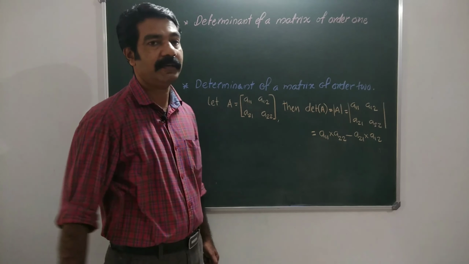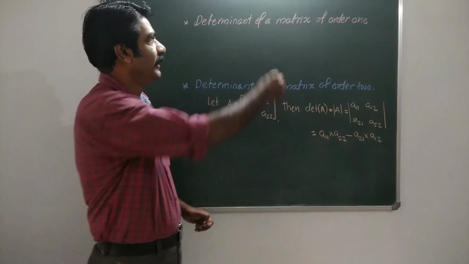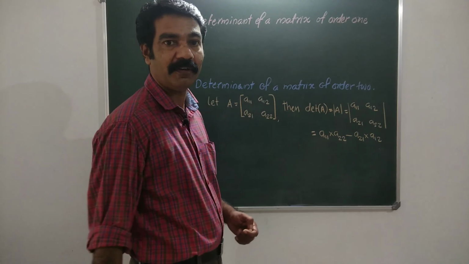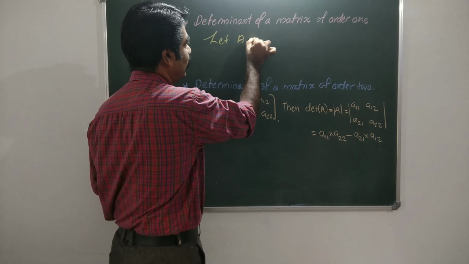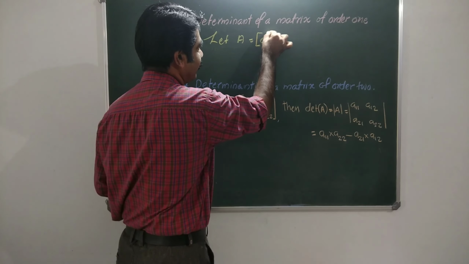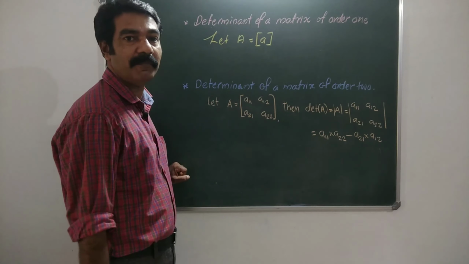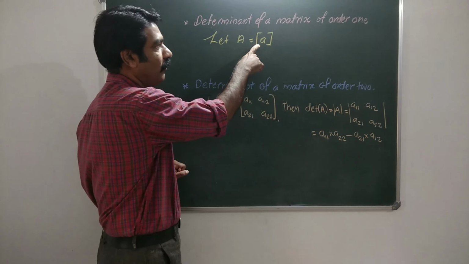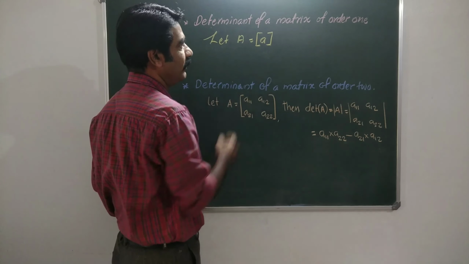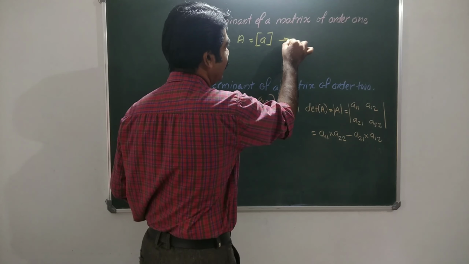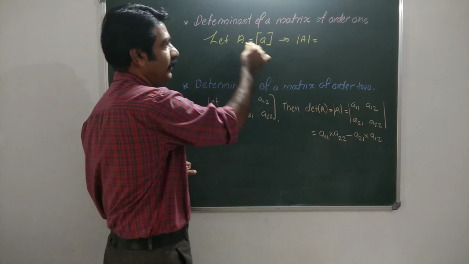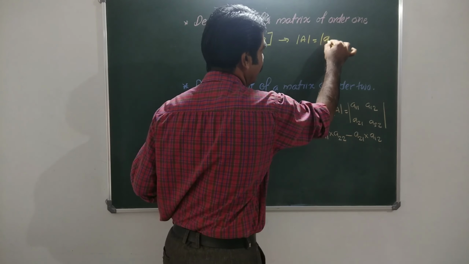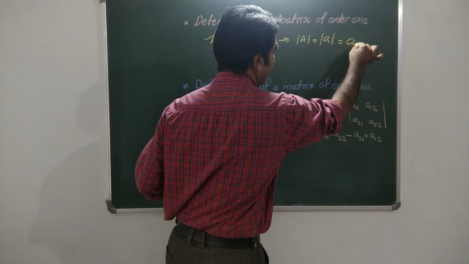Now, determinant of a matrix of order 1. See, let A be equal to matrix [a]. It is a 1 by 1 matrix, a matrix of order 1. Then the determinant of this matrix A we can write as determinant A, that's equal to a itself.